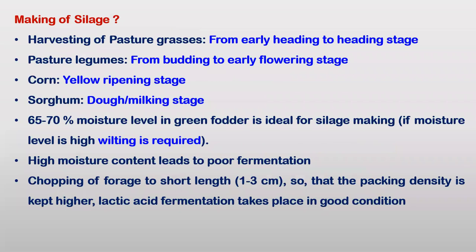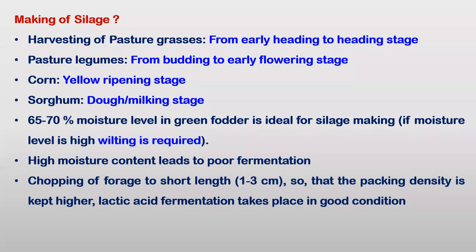So how can we process the silage? First is harvesting of the pasture grasses from the early heading to the heading stage, that means pre-flowering to flowering stage. Pasture legumes from budding to early flowering stage.